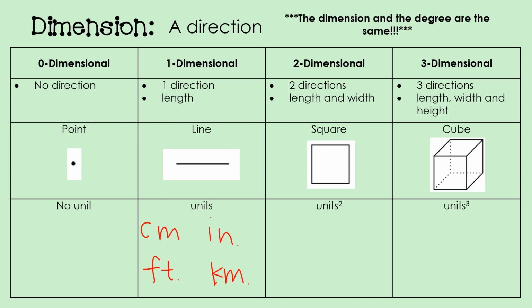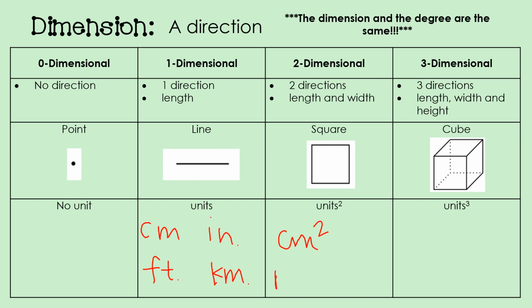2-dimensional has 2 directions, has a length and a width. An example of something that's 2-dimensional is a square. Squares or anything 2-dimensional are measured in units squared or squared units. You can say it either way. So you use the same type of units you use for 1-dimensional, but they become squared.